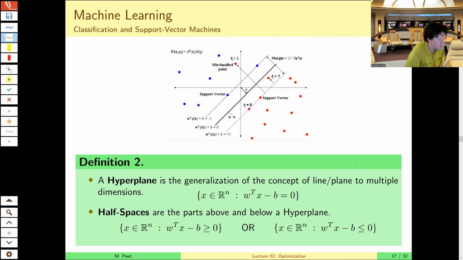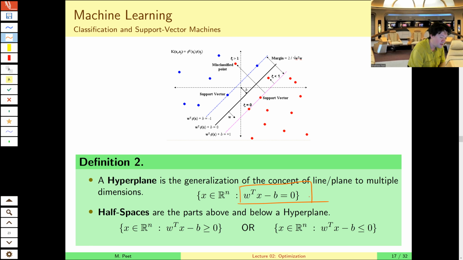So just a brief word on hyperplanes. It's a word for a line in n dimensions. Because we have lots of data, there's lots of variables, so this is a line in that very high dimensional data space. So a hyperplane is the equality constraint version, and then a half space is the space above or below that line.